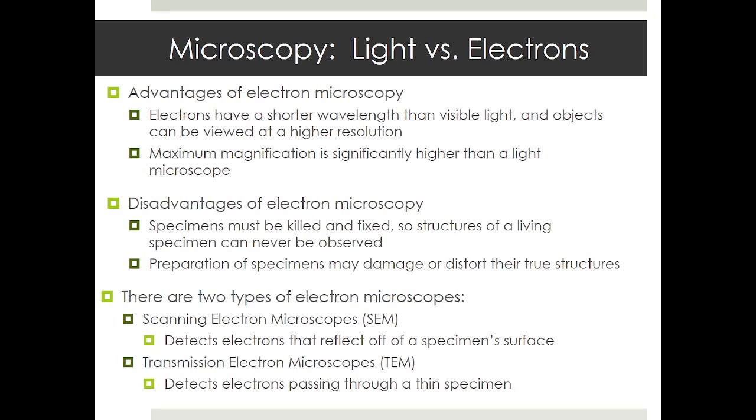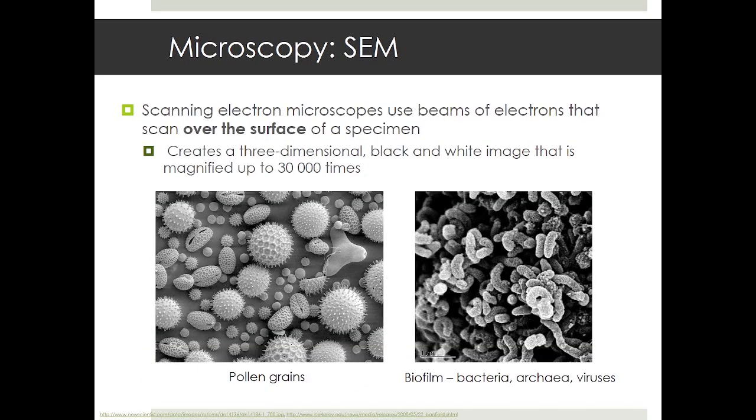There are two types of electron microscopes. There are scanning electron and transmission electron that do two different things, and we'll look at those now. With scanning electron microscopy, we actually scan the surface of a specimen. So you're able to see some magnificent texture on different things that you want to observe.